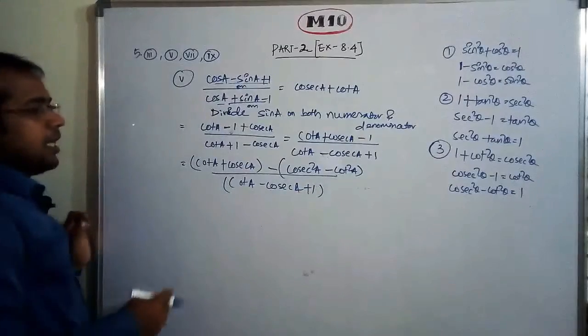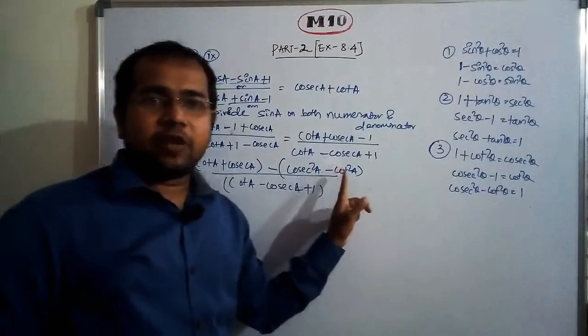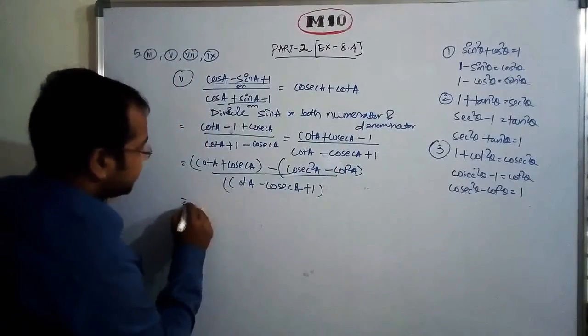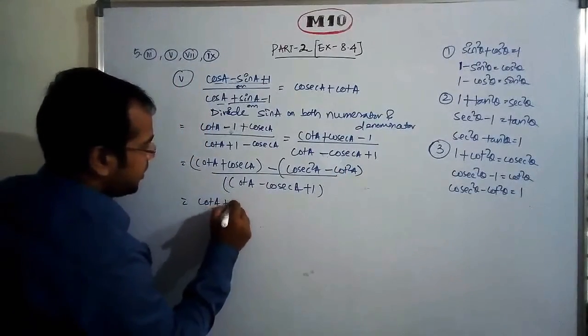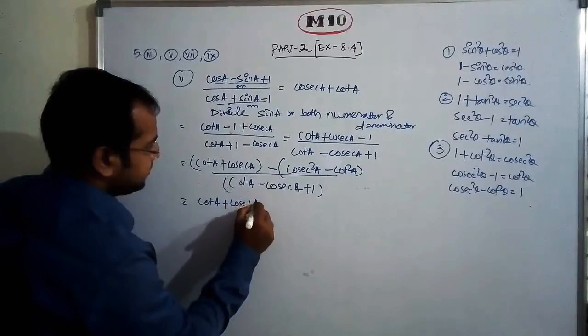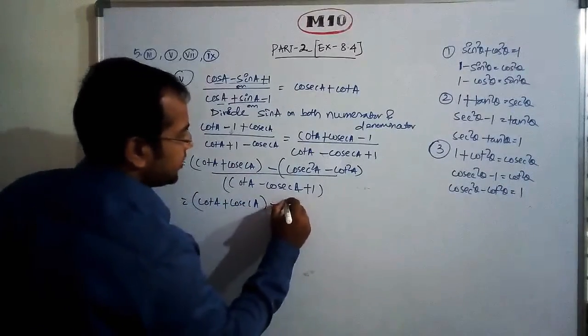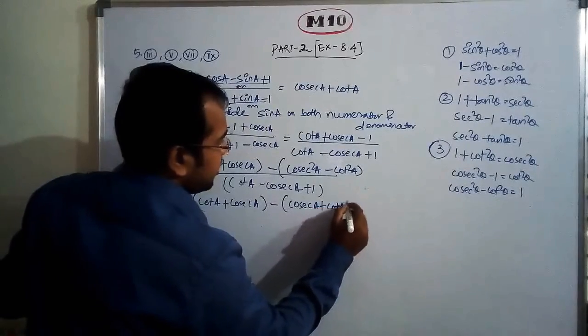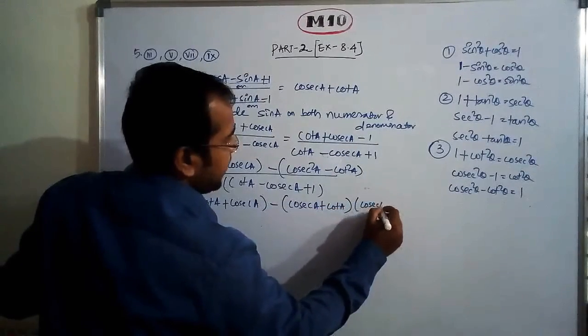Now see here. This is in the form of A square minus B square, that is nothing but your A plus B into A minus B. So write it, cot A plus cosec A minus A plus B, cosec A plus cot A into cosec A minus cot A.